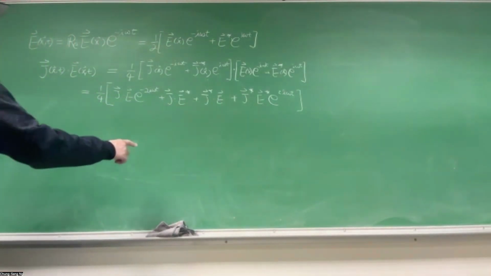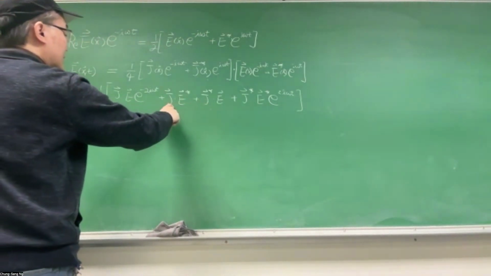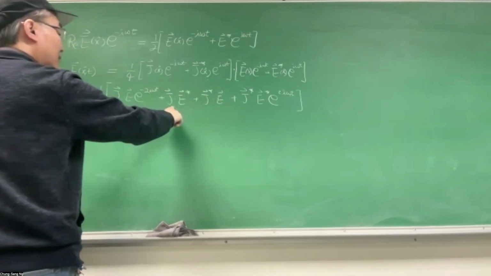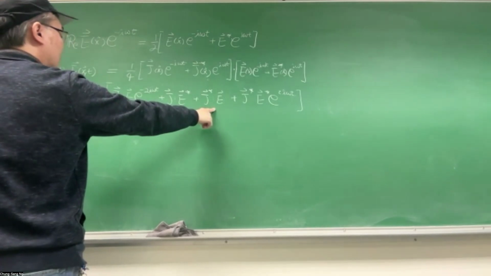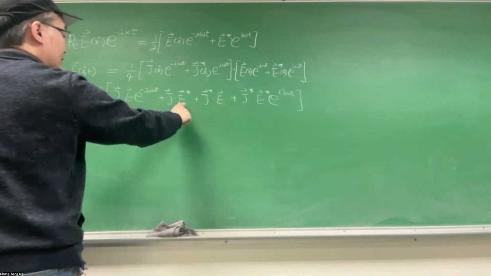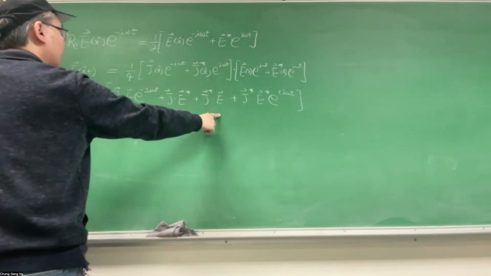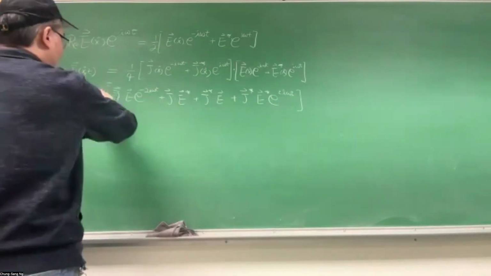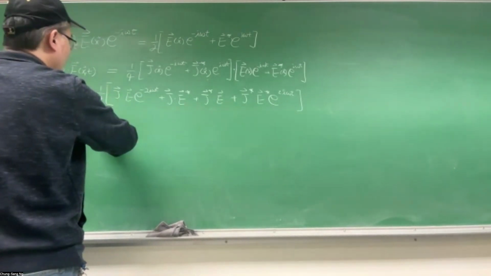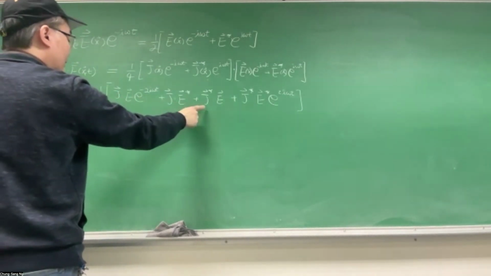And now these 2 terms are complex conjugates of each other, and when you add the 2, it actually gives you 2 times the real part of either one of them. So you have 2 of the real part, and you divide it by 4, so it's 1/2 of the real part of one of these quantities.